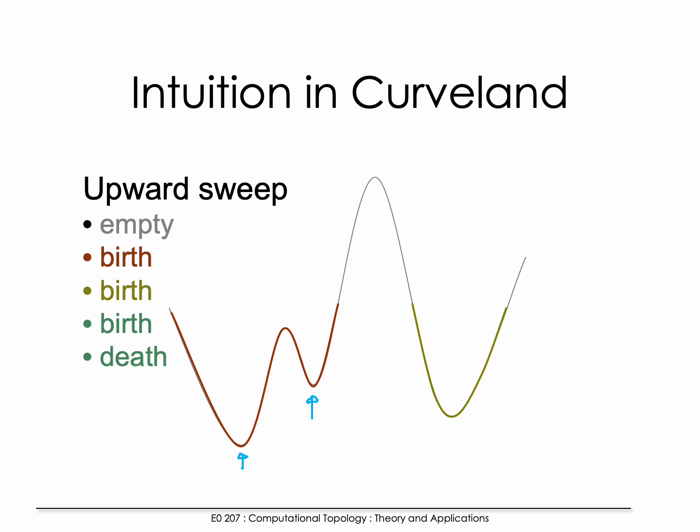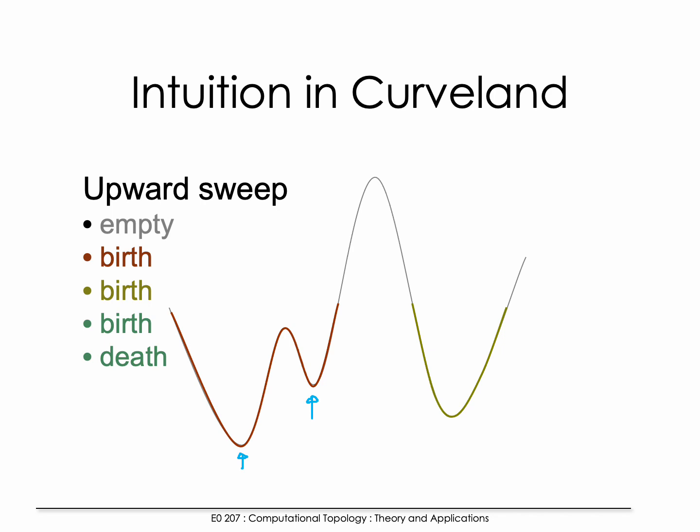So as you can see, I killed the younger of the two components and I allowed the elder to live. This is called the elder rule. Not too great in terms of lifetime analogy, but as we will see, this elder rule allows us to very neatly capture the topological features.